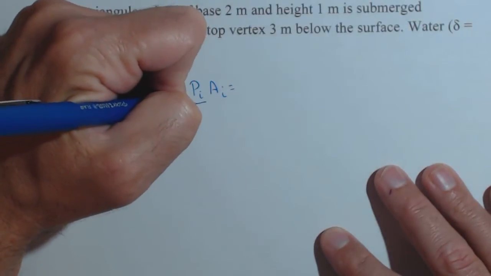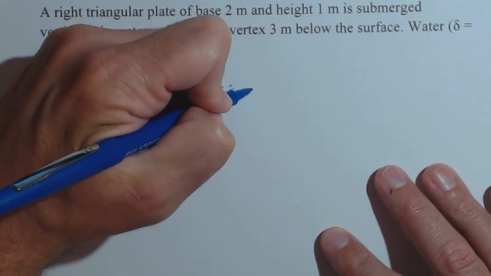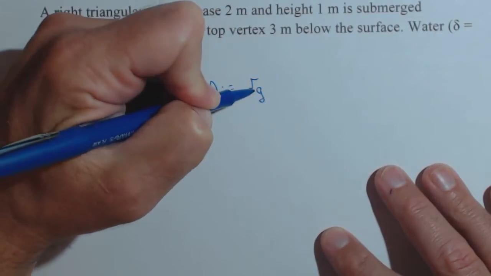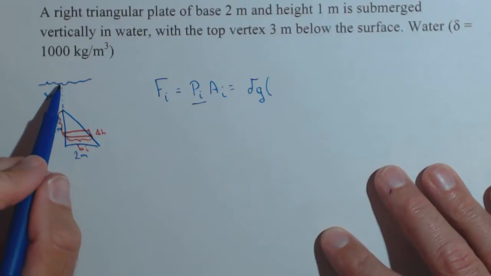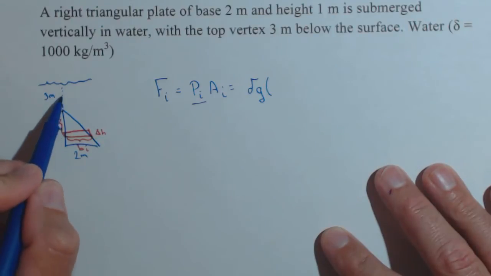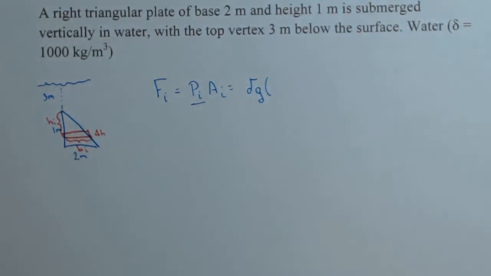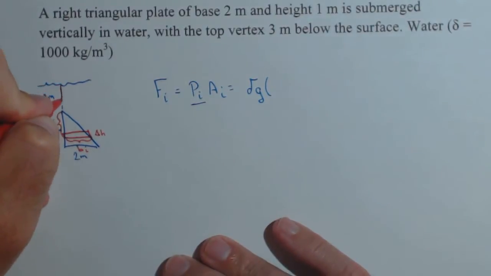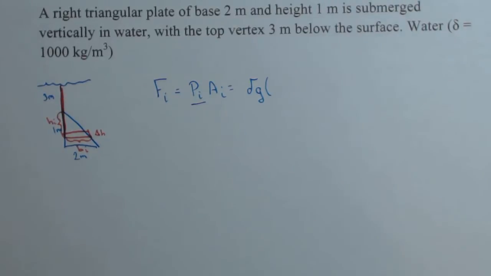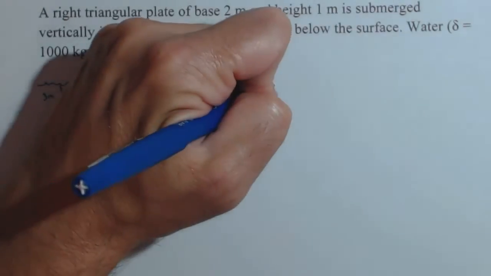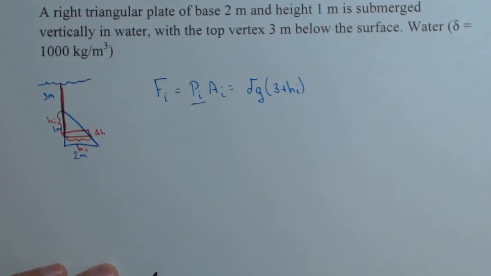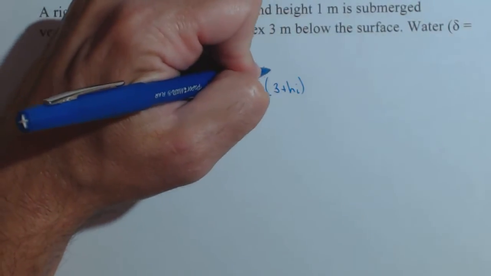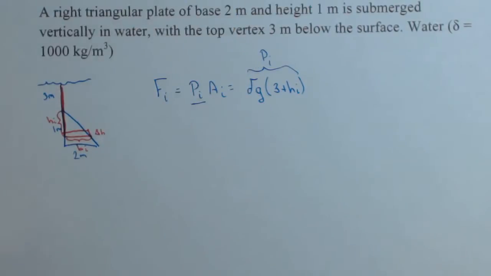So the pressure on the ith slice is going to be our density times gravity times the depth. The depth is 3 meters plus another h sub i. I think you can see that here from the surface. The depth to my slice is right there. So I'm going to write that in as 3 plus h sub i. That's just the pressure on the ith slice.